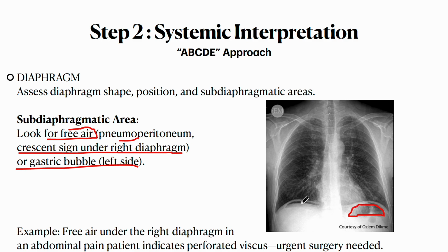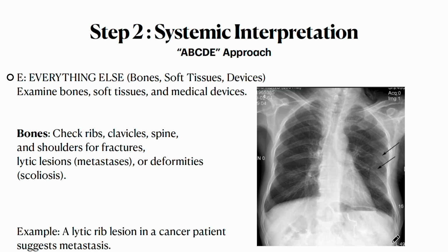But if there is gas like this on the right side, then free air under the right diaphragm in an abdominal pain patient suggests perforated viscus. We have to take this very seriously. If the air bubble is present below the right diaphragm, that suggests perforated viscus or intestinal perforation, that we have to take very seriously, and urgent surgery is required in that case.